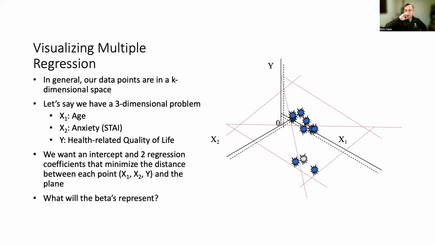But we have to take a slice of our data. We fix the values, say, of X2, and we project our problem just onto the two-dimensional Y-X1 surface. So we get a slope, but it's a slope that's affected by the other variables in the model.